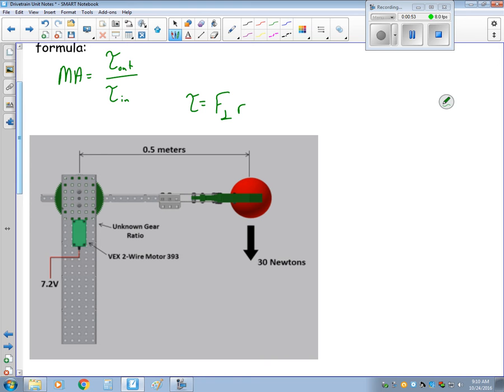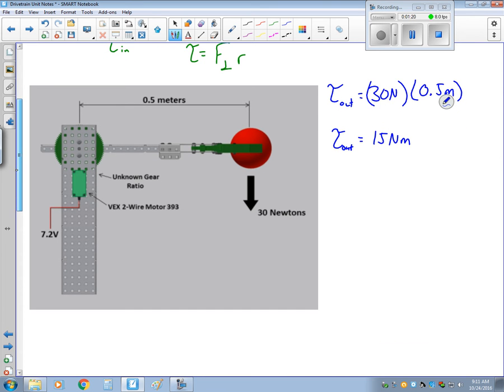So what I would begin with is I would calculate how much torque this system needs. That would be my output torque. And I see that I have 30 newtons, which is perpendicular to my 0.5 meters. So the output torque I would need is 15 Newton meters.